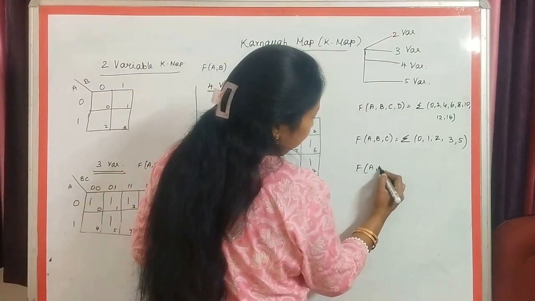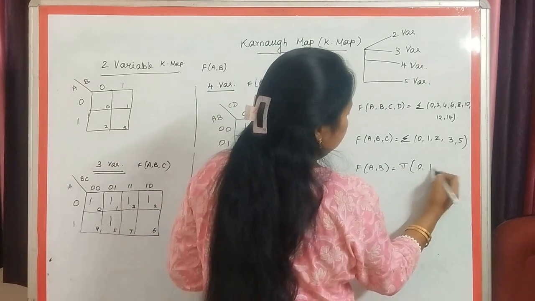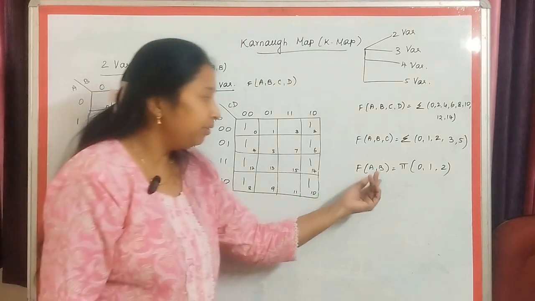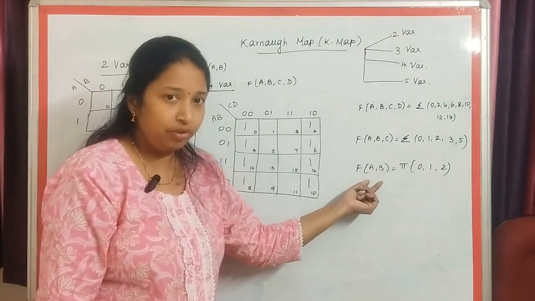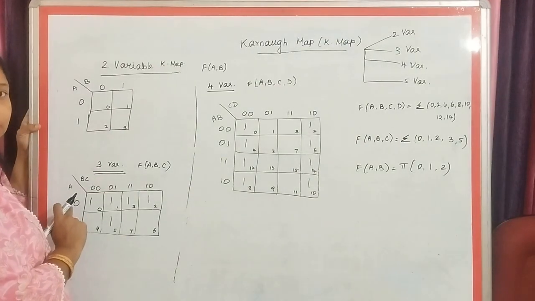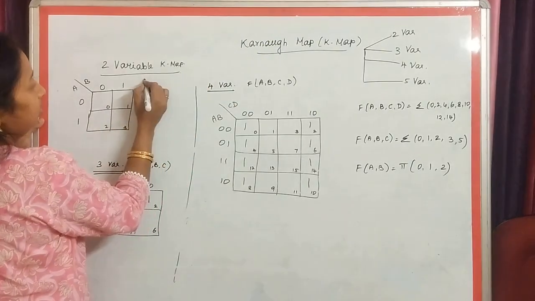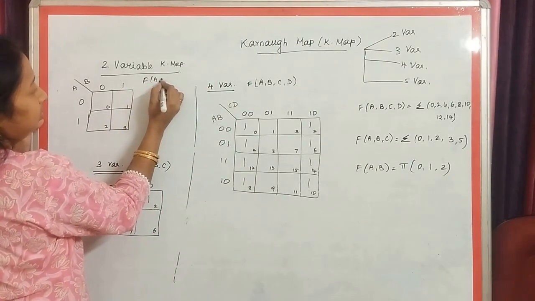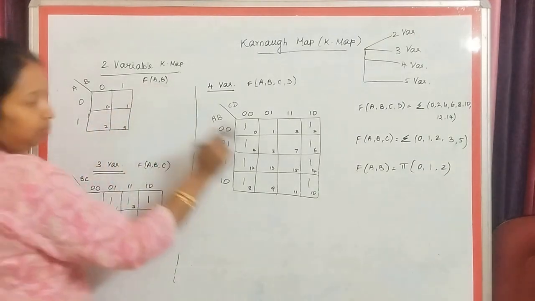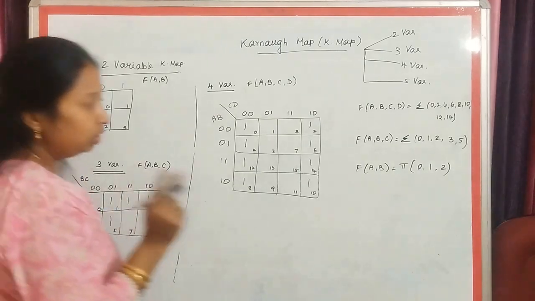Now, let's solve one more problem. F of A comma B is equal to pi of 0. Now, how many variables are here? 2 variables, right? So which Karnaugh map I'll be choosing? I'll be choosing a 2 variable Karnaugh map. Let me write this here. Fine. I'll be choosing a 2 variable Karnaugh map because in the question again I have only 2 variables. Clear? What is my second step?